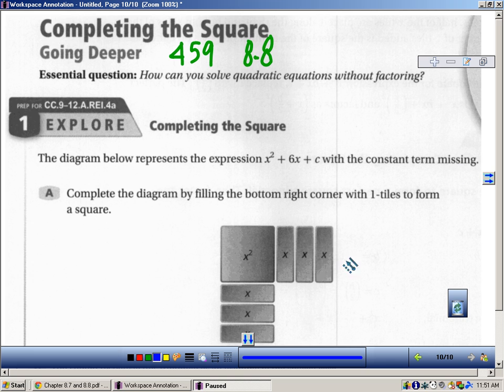And I'm going to cheat here. I'm just going to use my drawing tool. I'm going to draw these out.